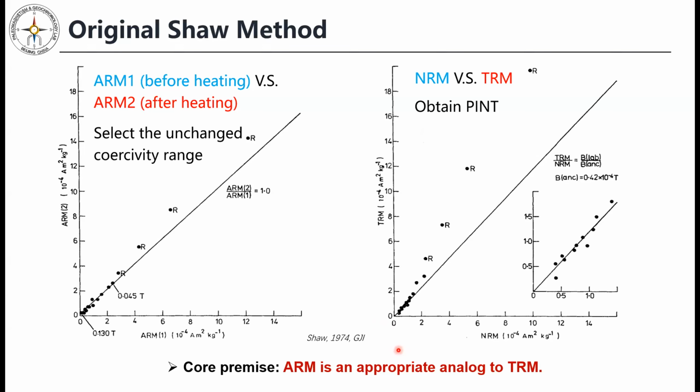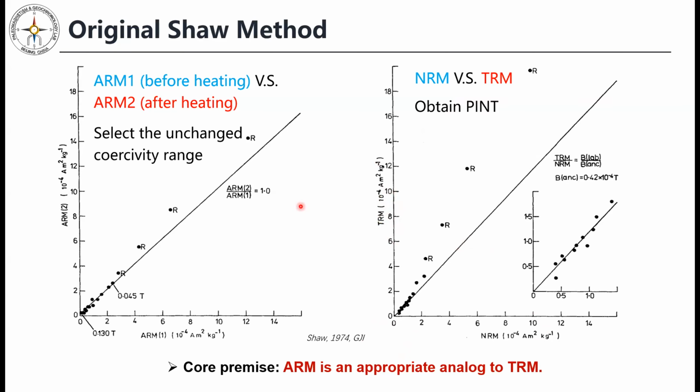To solve the problem, Shaw proposed that we can use one single-step heating above the Curie temperature and let the sample acquire a total TRM, and then compare the alternating field demagnetization spectra of the NRM and the TRM to get the paleointensity.